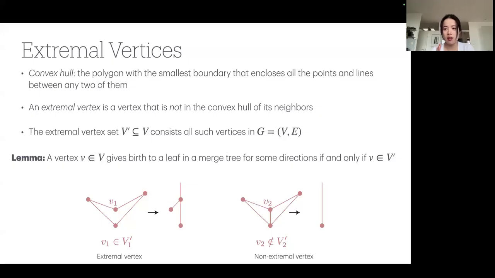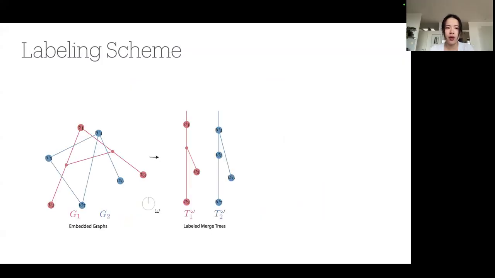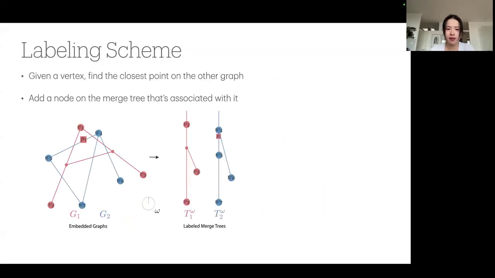And from the same angle, actually from any angle, V2 doesn't generate a leaf in the merge tree from any direction anymore. Great, so that's actually the set of vertices that we care about in terms of labeling, because we only need to guarantee that the leaves have to be labeled. So what we do is, given an extremal vertex, we find the closest point on the other graph.